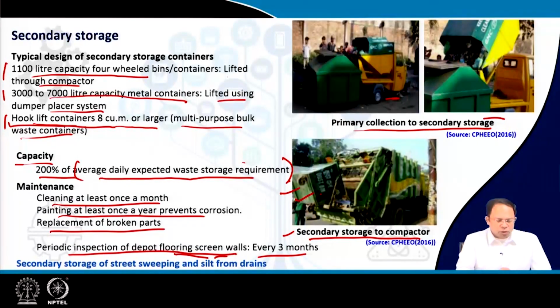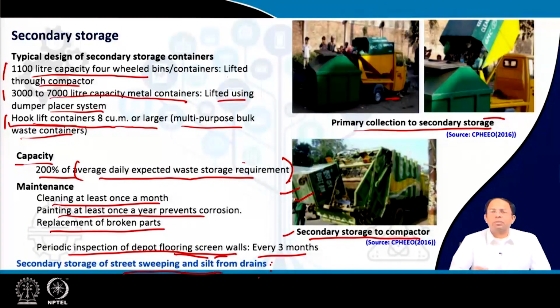And for secondary storage of street sweeping silt from drains, we have to provide separate storage containers. Once drain cleaning is done, this silt is lifted and put on the side of the road. It can be collected by our waste collectors and stored in separate containers.